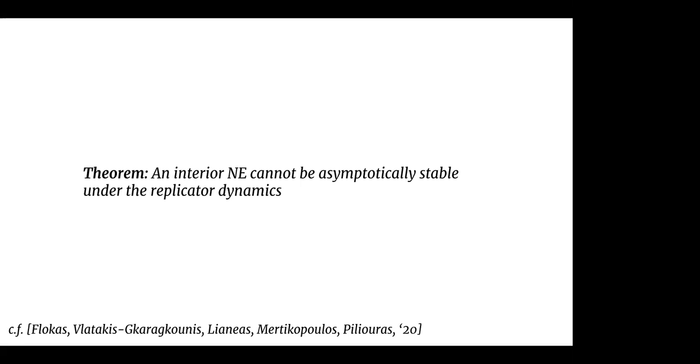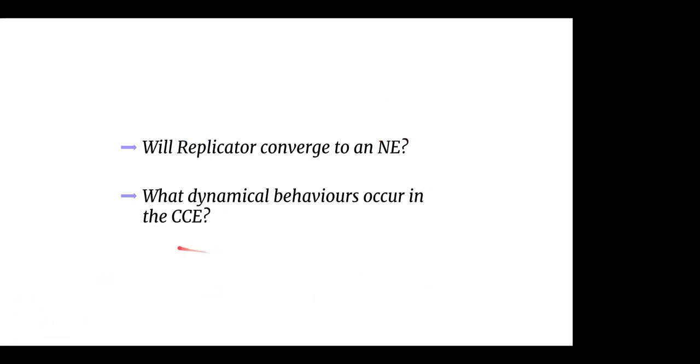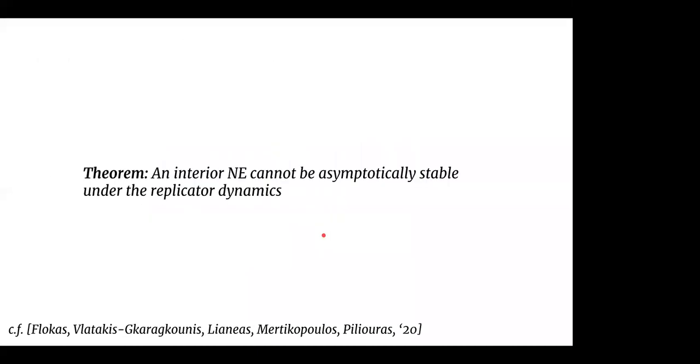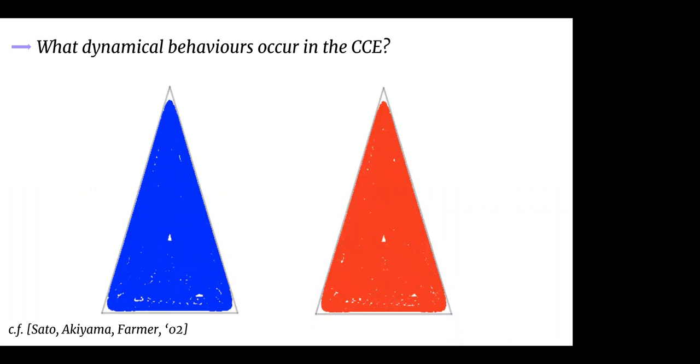Okay, well, we don't have this Nash equilibrium property, but maybe we know that the CCE is there. So maybe that's our way out. So the question is, okay, well, the CCE doesn't necessarily correspond to a fixed point. So what kind of behaviors can we expect from the algorithm? Unfortunately, the answer to that isn't simple at all.